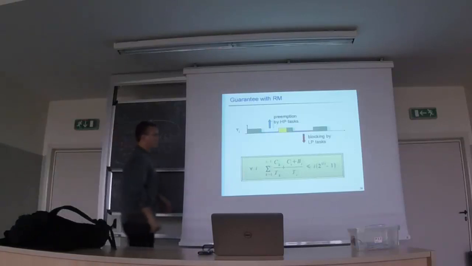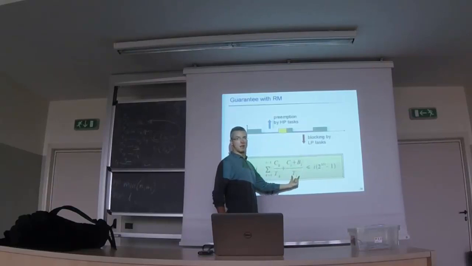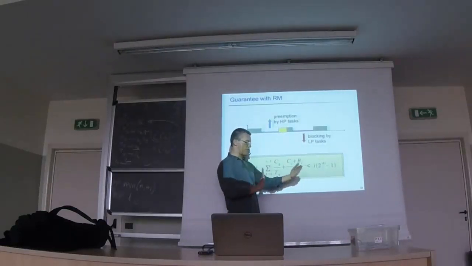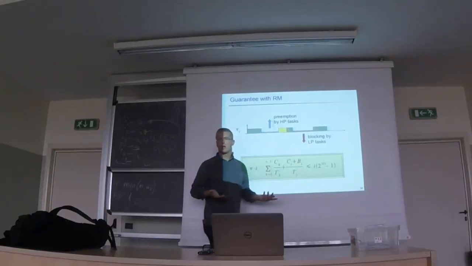How does the blocking term affect the schedulability? It affects the schedulability based on the ratio between the blocking time and the period of the considered task. If I have a task with a very short period, which may experience a very large blocking, then this contribution may be too high.